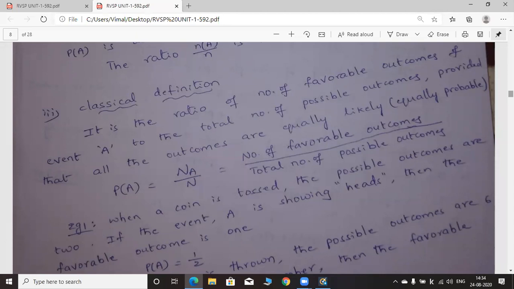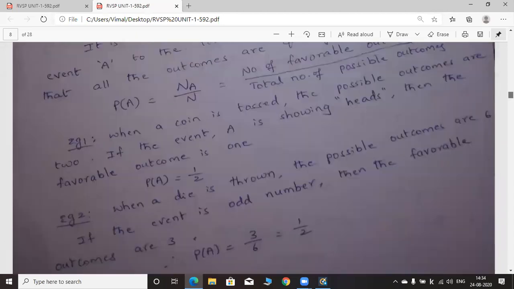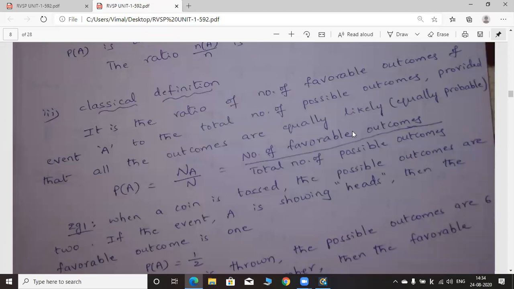Here examples are also given for you. What is meant by favorable outcome? This term was also explained in the previous class. For example, if you throw a die, it has 6 faces. Already you know that one. If you throw a die, which number will appear?